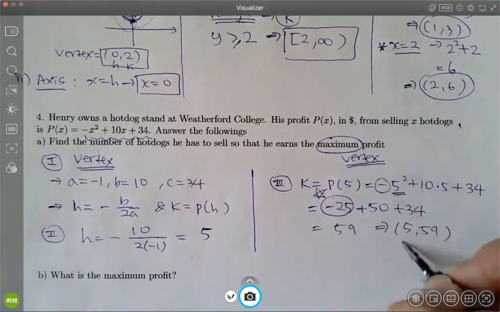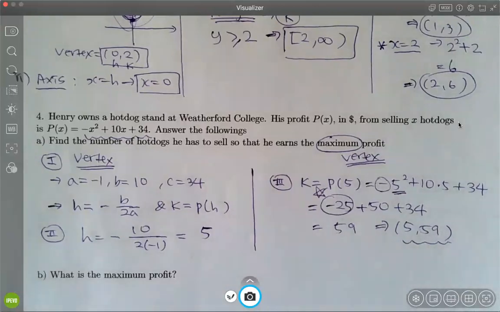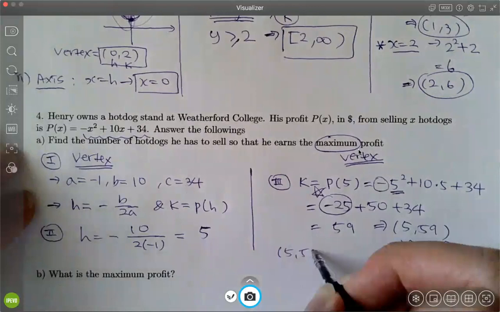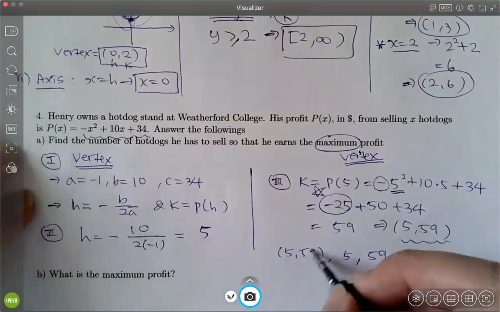So now, going back to this problem here, what is the answer? Find the number of hot dogs he has to sell to maximize the profit. So here you have 3 choices: 5, 59, and (5, 59). The answer is among these 3.